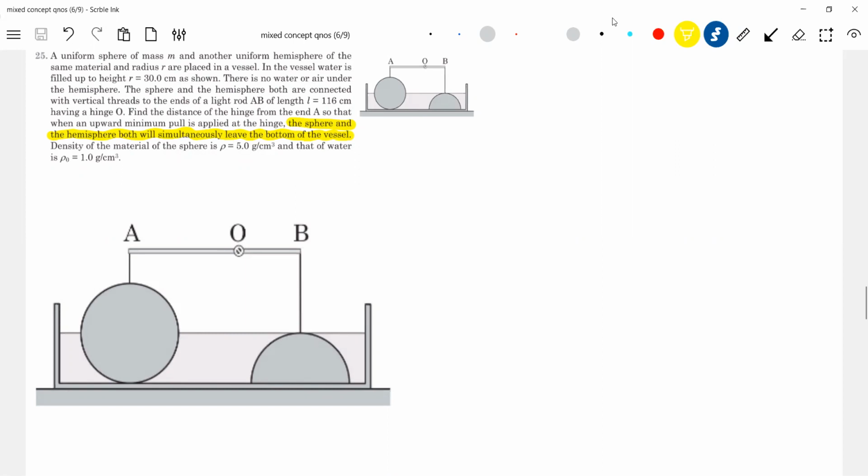Both will leave simultaneously. So what should happen to the rod, the light rod AB? It should remain horizontal. So what I'm going to do is first, I'll apply force.